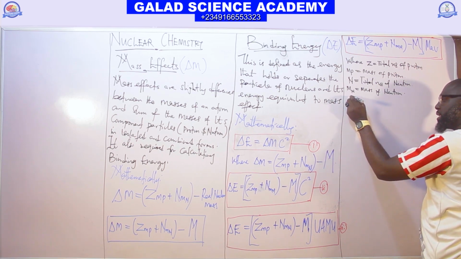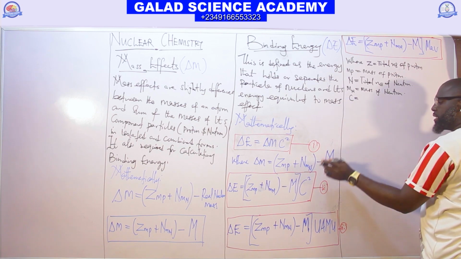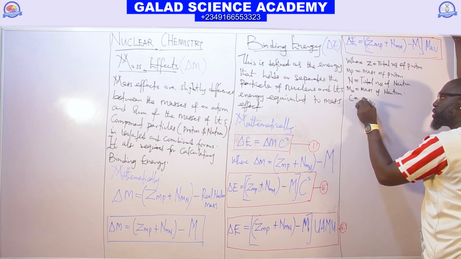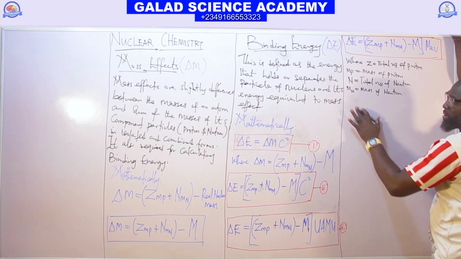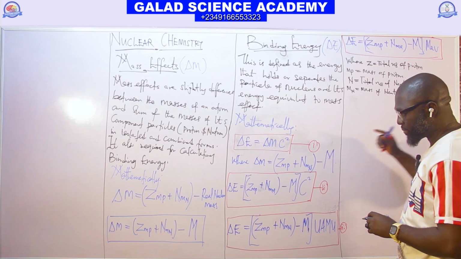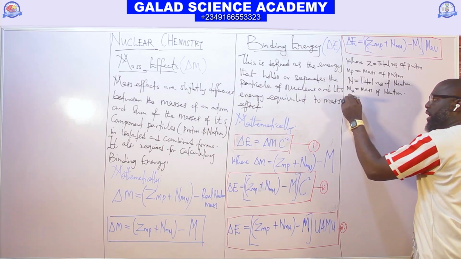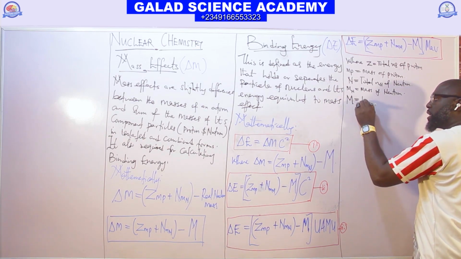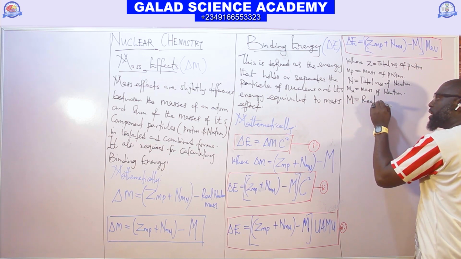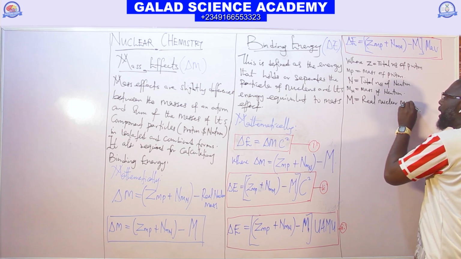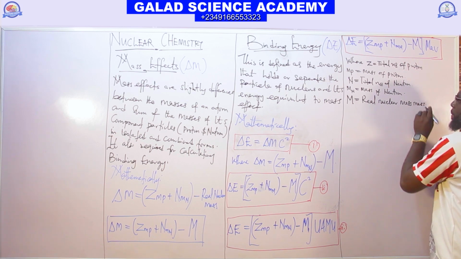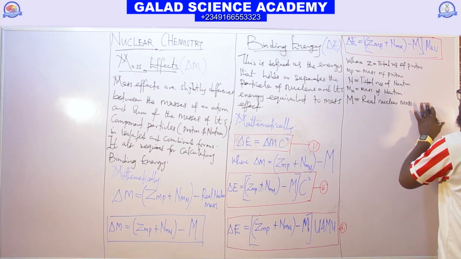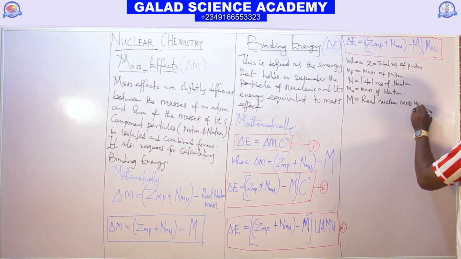Here, this C is speed. This M is the real nuclear mass number.